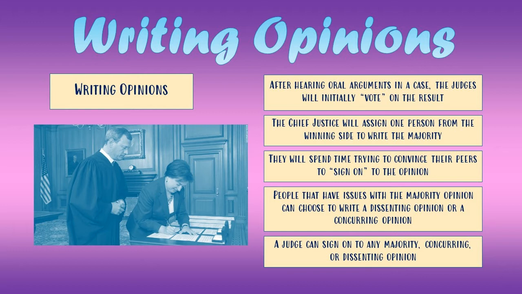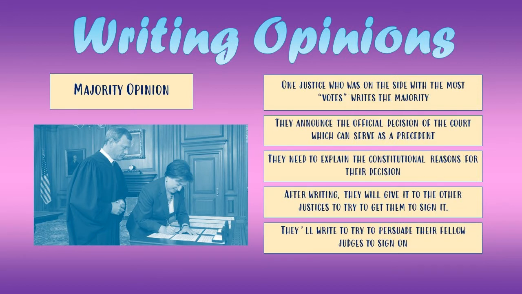And judges, like any of the 9 judges, can sign on to any of the majority, concurring, or dissenting opinions that are going around. So here in the picture, we see Justice Elena Kagan signing on to an opinion with Chief Justice Roberts right there.